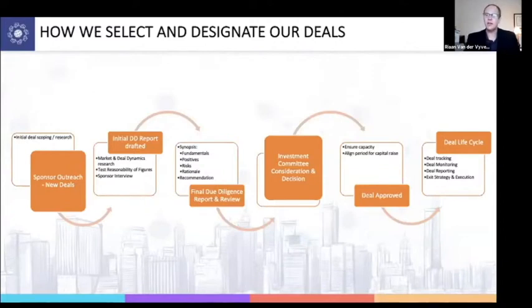But there's also a report coming to the investment committee where we can look at deviations and decide what we need to do about something that's worrying to us. And then lastly, we engage with the sponsor when it's time to exit the deal, so that we align with the execution strategy for exiting that deal.